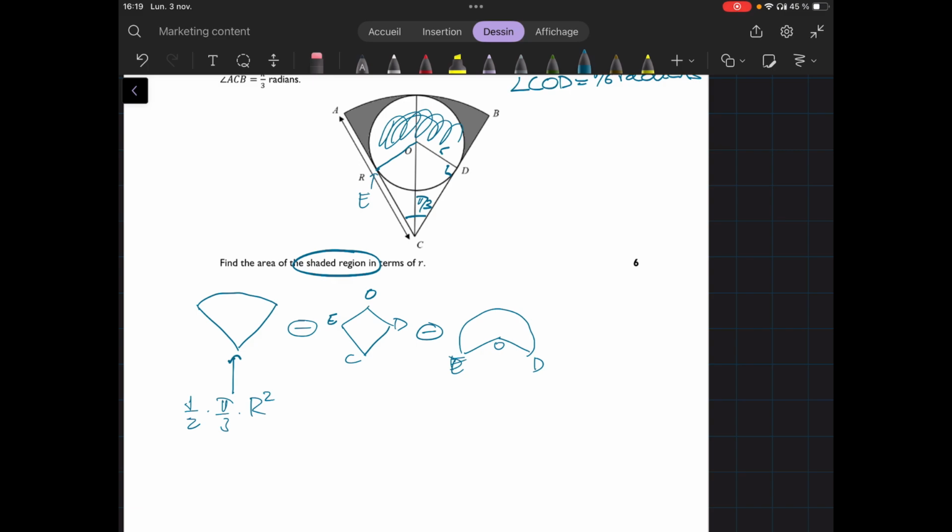If we look at angle COD, we know that tan of pi by 6 is OD divided by CD. Therefore, CD is going to be OD divided by tan of pi by 6.